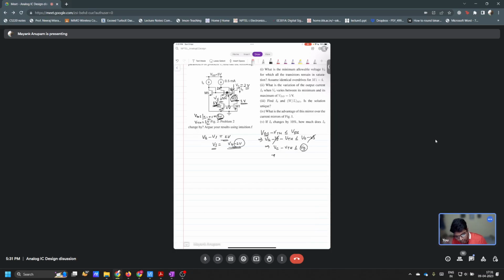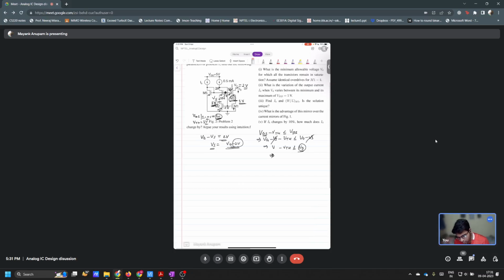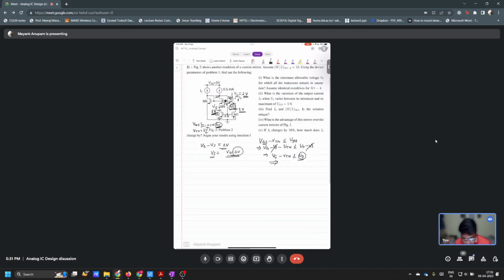So the drain voltage can only go one threshold below VG, the gate voltage. If it goes lower than that, the transistor goes out of saturation. So V naught minimum is equal to 2 volts in this case.